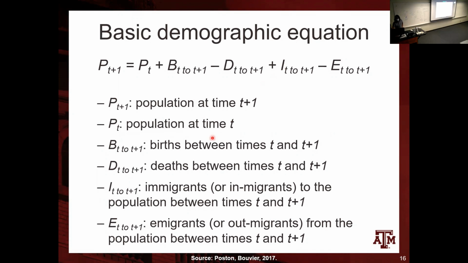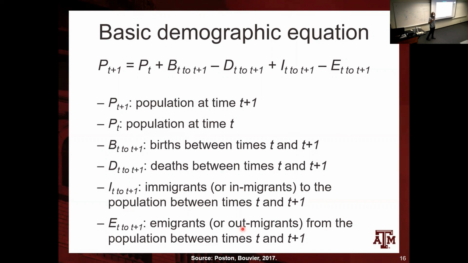And we have to subtract the number of people who left Texas. Maybe some people left Texas to go to other countries, those are emigrants, or some people left Texas to go to other states within the US, those are out-migrants. Okay, so that's the basic demographic equation. Seems really simple, but it's actually really helpful.